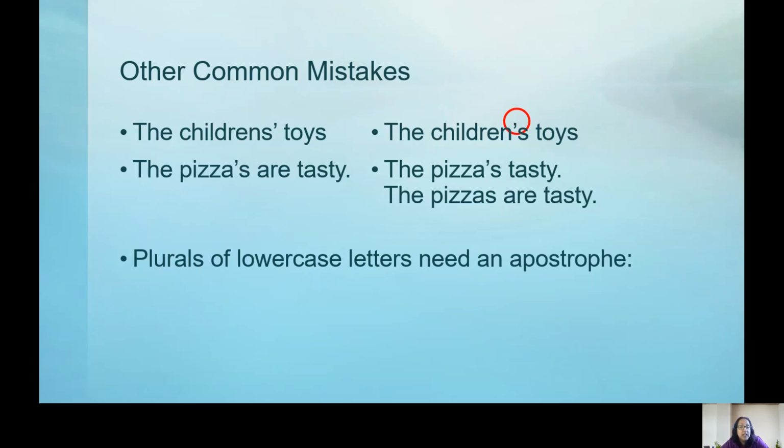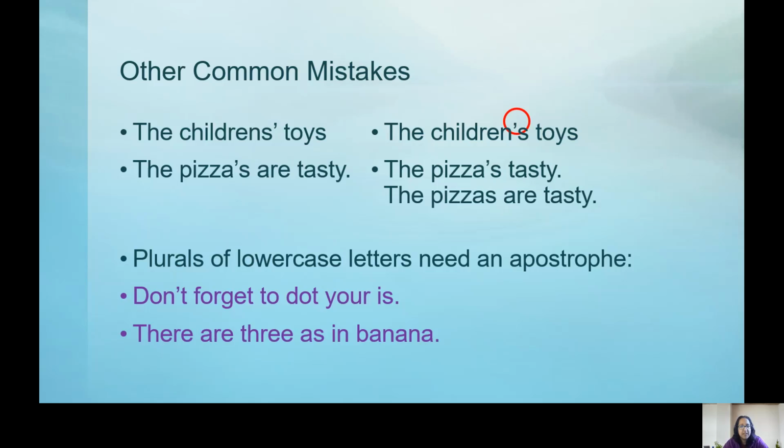When we pluralize lowercase letters, we do need an apostrophe. For example, look at this sentence. Don't forget to dot your is. Your is? There are 3 as in banana. That words don't make much sense to me.